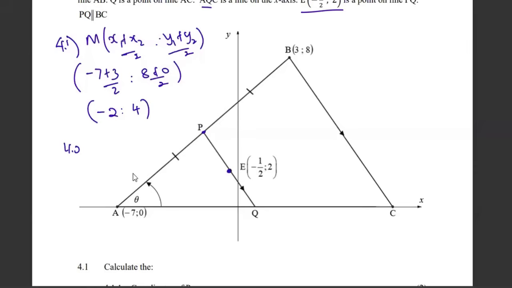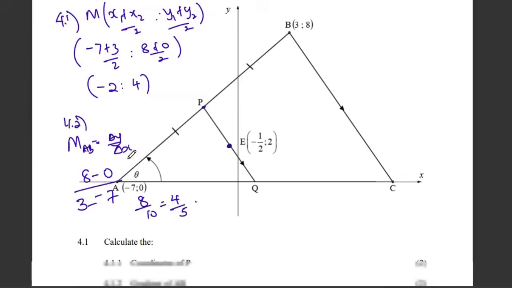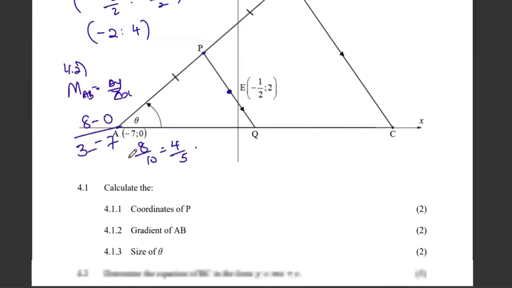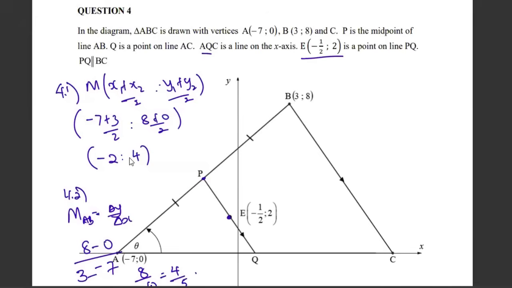So 4.2, they want the gradient of AB, which is the change in y over change in x. So I'll say 8 minus 0 over 3 minus negative 7. That becomes 8 over 10, which is 4 over 5. Okay. And then get theta, which is the angle of inclination. So 4.1.3.